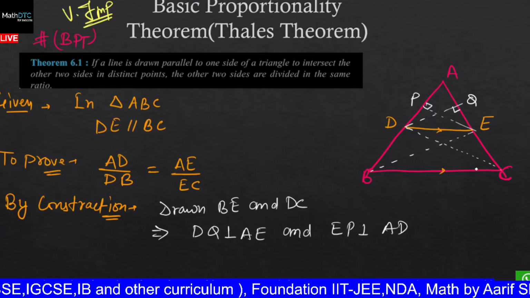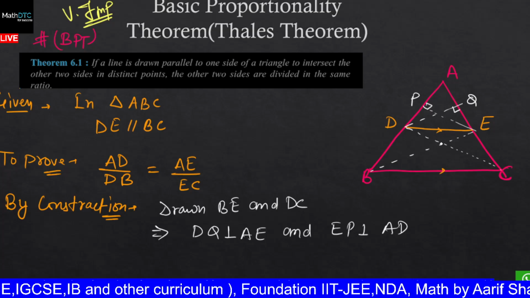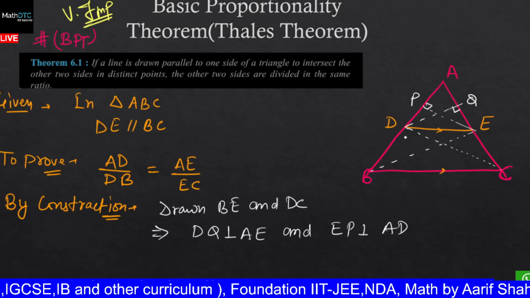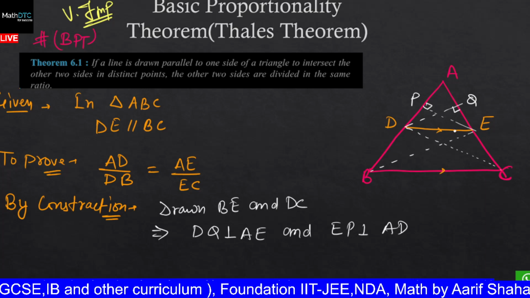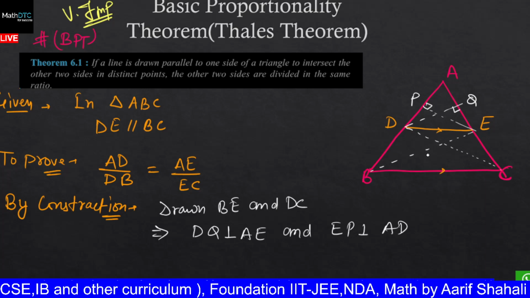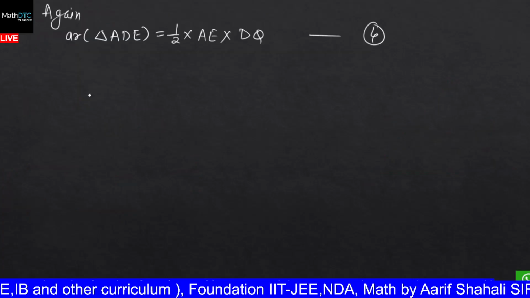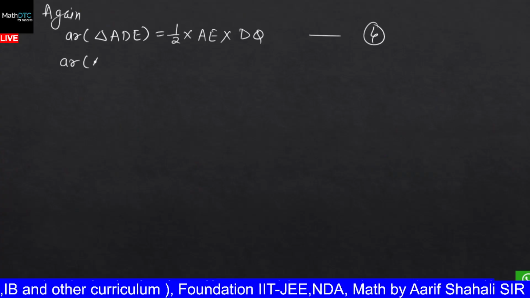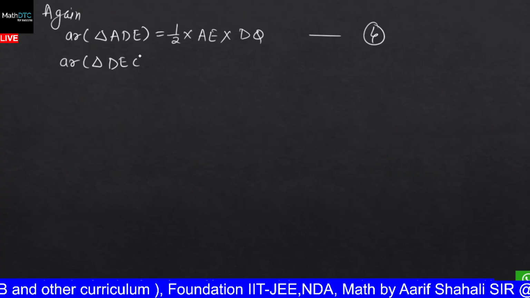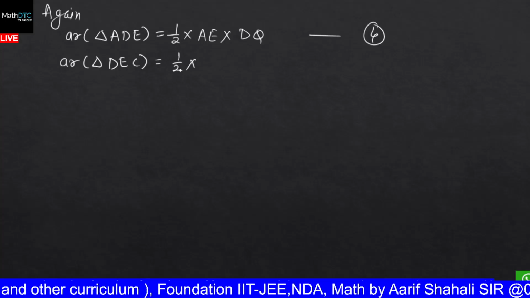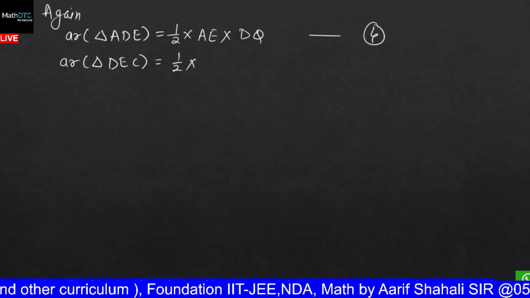Very good. Now on this side we are going to discuss one more thing, the triangle DEC. Can you observe the triangle DEC? So write down here the area of triangle DEC is equal to 1 by 2 into the base.